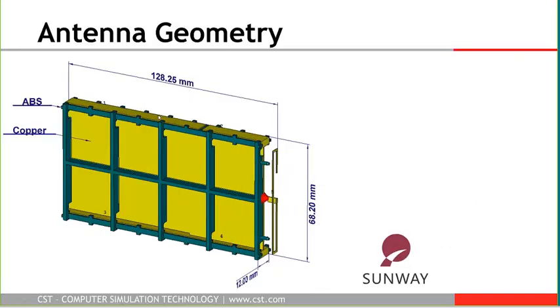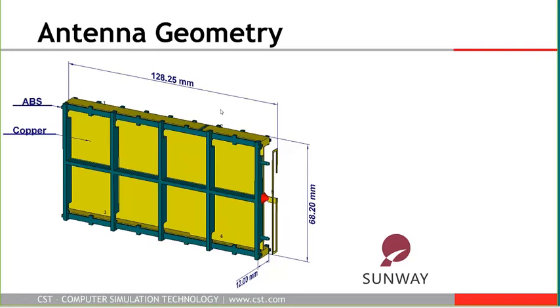This is a prototype of an antenna designed by Sunway, and it consists of a copper ground plane and metallic parts which are placed on an ABS structure, a structure made of plastic.